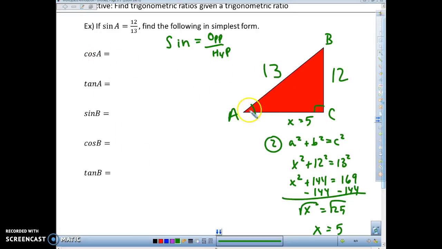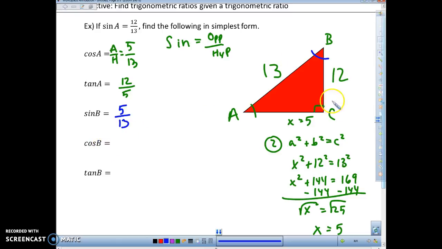Once we have this information, we're just going to fill in the rest. Cosine of A is adjacent over hypotenuse, so that is 5 over 13. Tangent is opposite over adjacent, so I have 12 over 5. Sine of B is opposite over hypotenuse, so 5/13.